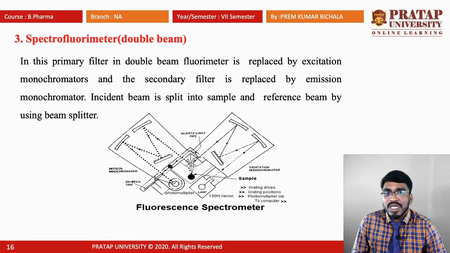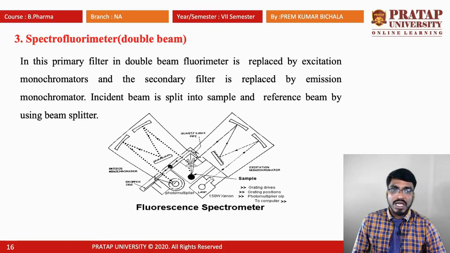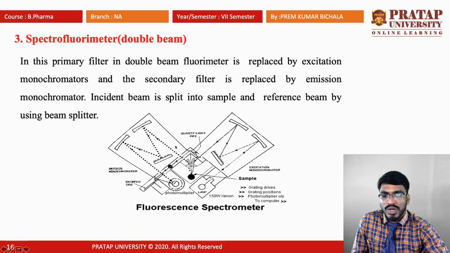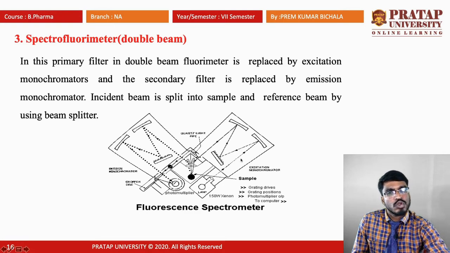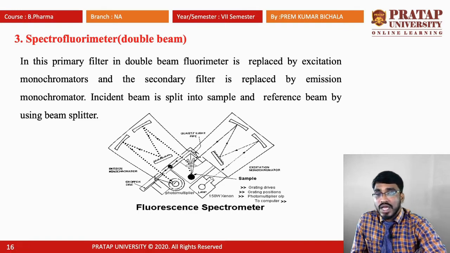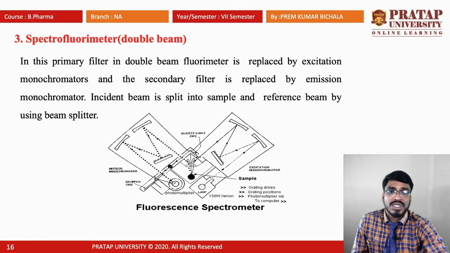The incident beam is split into the sample and reference beams by using beam splitters. Here we have one excitation monochromator and here an emission monochromator. From the source, the light is processed through the excitation monochromator, where the excitation of electrons takes place.